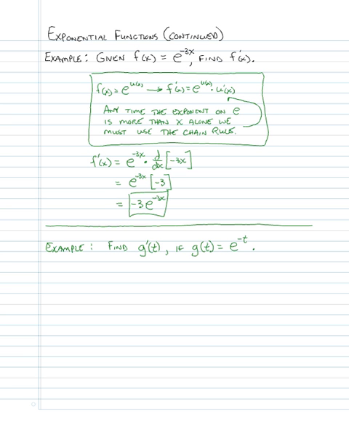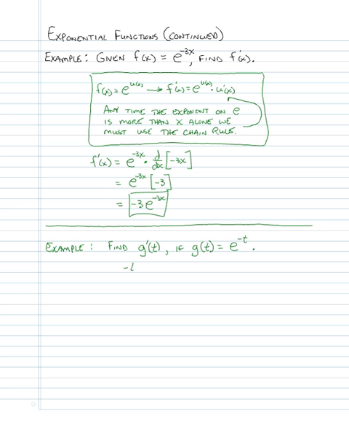Well, the chain rule version really isn't so much about x's and f's. It's the concept of e to a power. And if we have e to a power other than the variable only, then we have to use the chain rule. So if this was g of t is equal to e to the t, then that wouldn't require the chain rule because we have negative t, not just t.